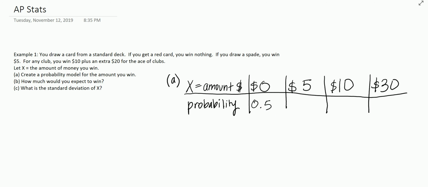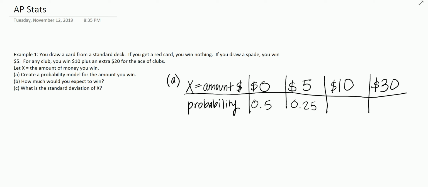If you don't know much about cards, there are 4 suits: hearts, diamonds, spades, and clubs, and each suit has 13 cards out of 52, or in other words, each suit is 1/4 of the deck. So the spades make up 1/4 of the deck, which means that we have a 25% chance of getting $5.